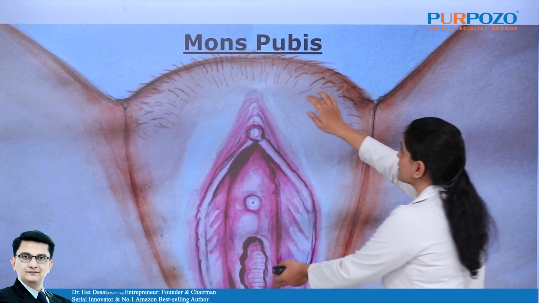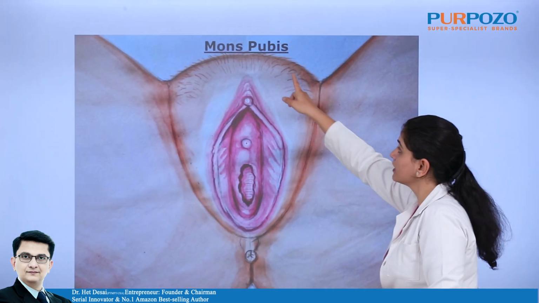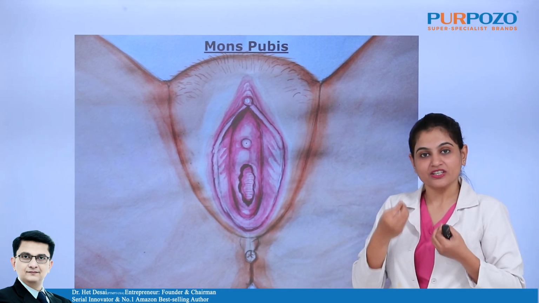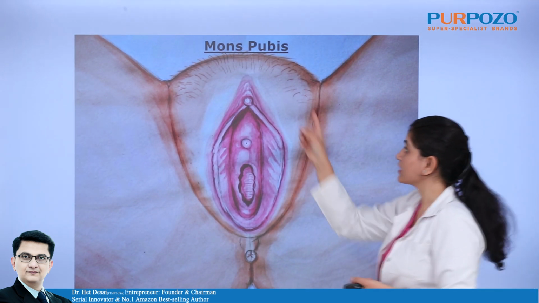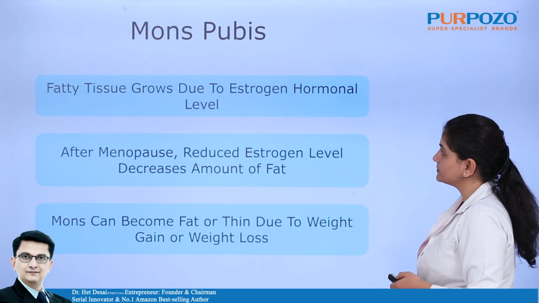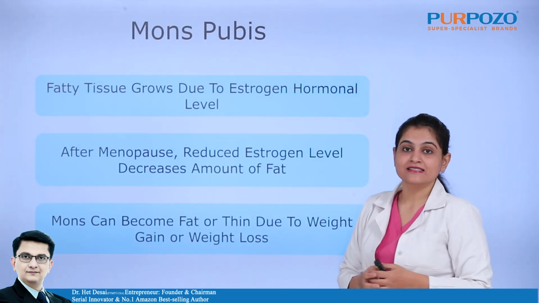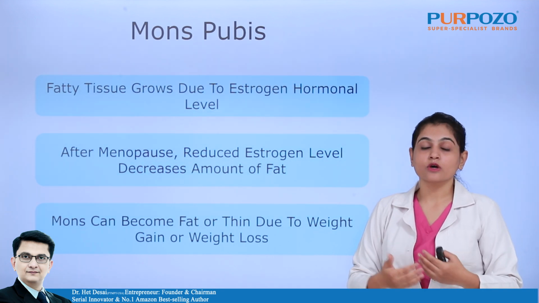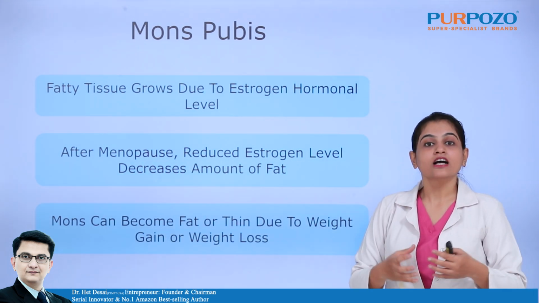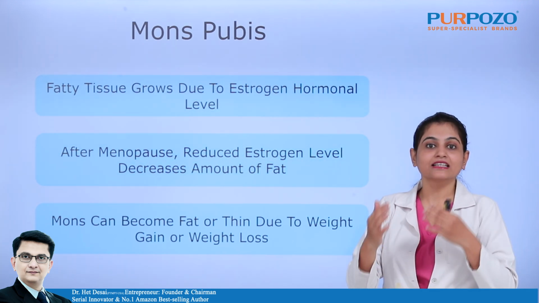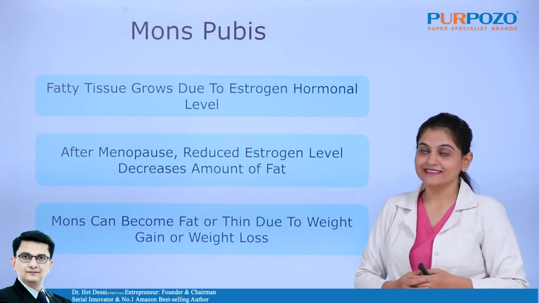The Mons Pubis will have your pubic hair, or the genital hair, growing upon it. The Mons Pubis is basically a fatty tissue. So, the more fat you have in your body, the fattier the Mons, and the less the fat, the thinner the Mons.